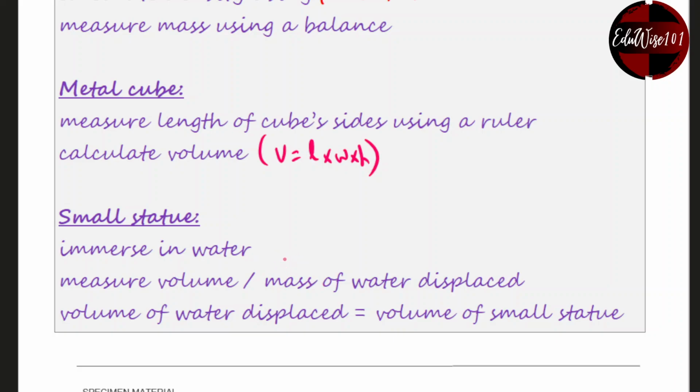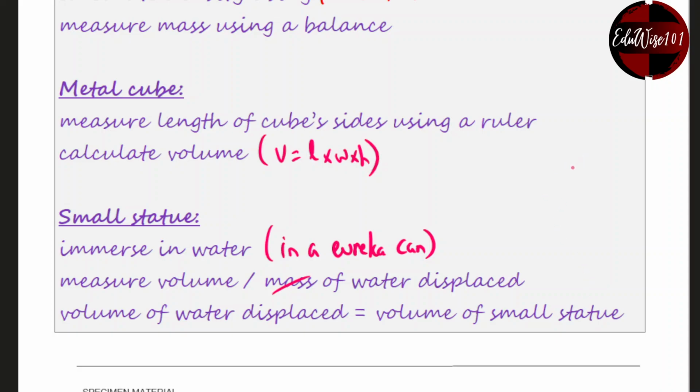They're not actually looking in the marking scheme for how you are going to do it, but immerse in water in brackets in a Eureka can, right? Measure the volume of water displaced. Volume of water displaced equals the volume of the statue.